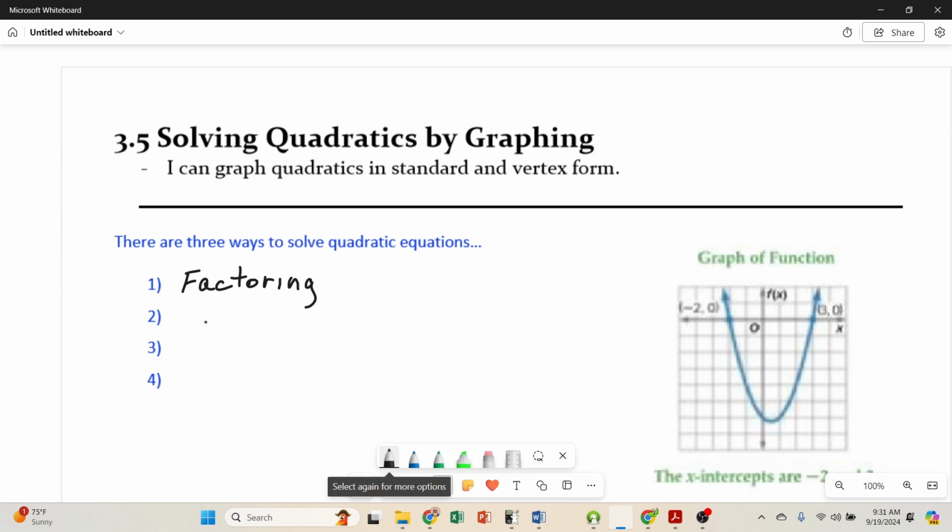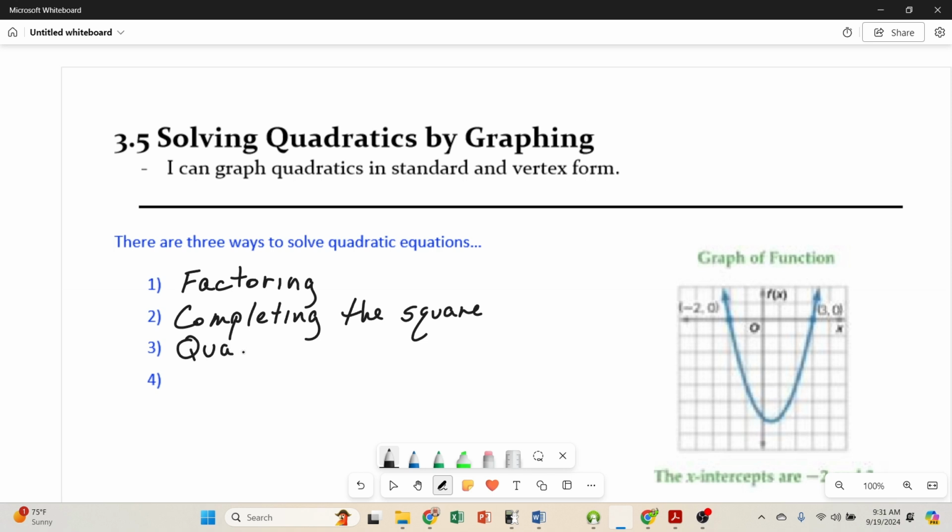The next one is completing the square, or what we call the square root method. And then the quadratic formula.